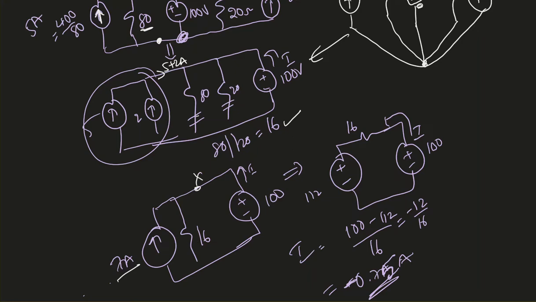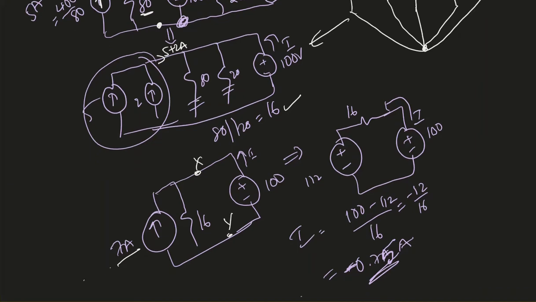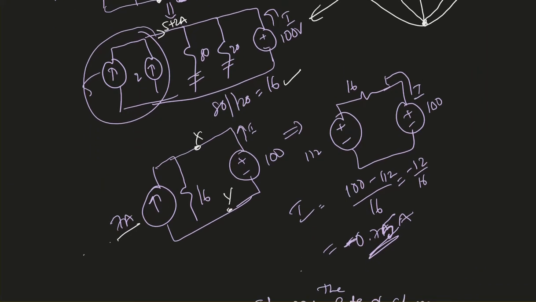And now I can convert this 7 ampere 16 ohm into a voltage source in series with a resistor. So that's what I did. 7 times 16, 112 volt, 16 ohm, and then here is my X and Y. I'll connect it back. Now my current is, this is the current direction.